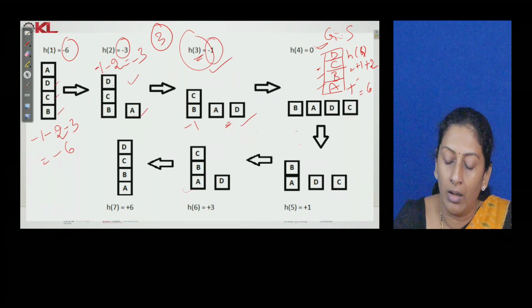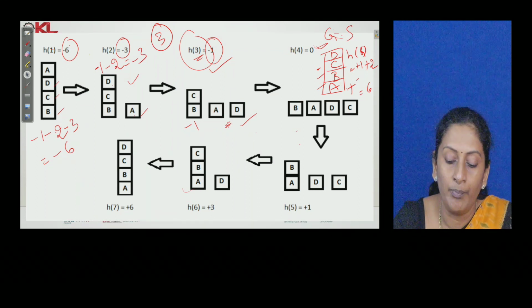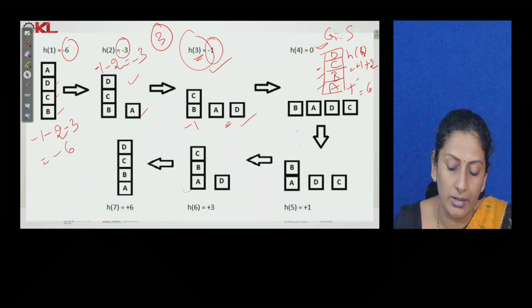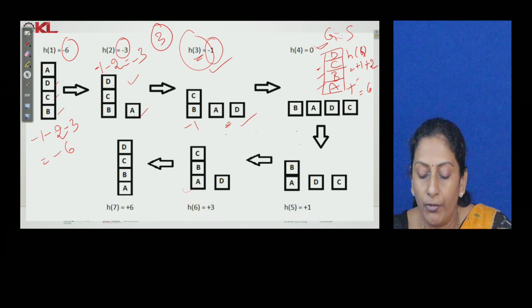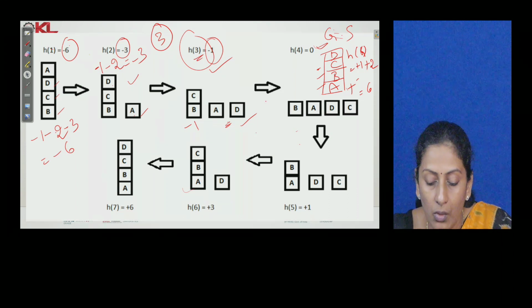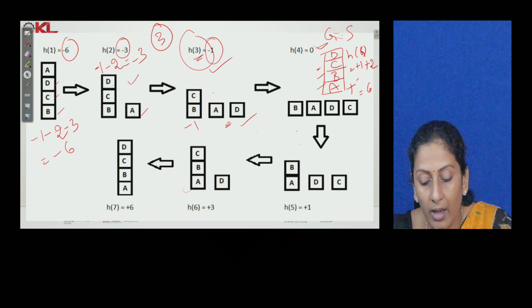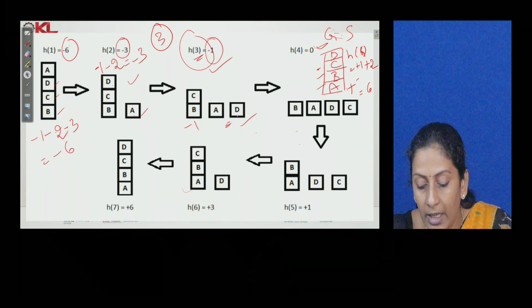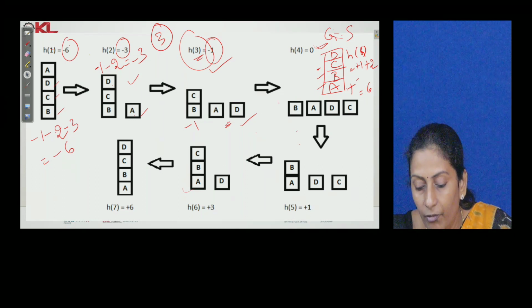And we need to check whether to take this state or not. -1 is better than -3, so I am taking this state as my next state. From this current state again I can make a move. I can take C and place it on top of A, or I can place C on top of D, or I can place C on the floor, right?